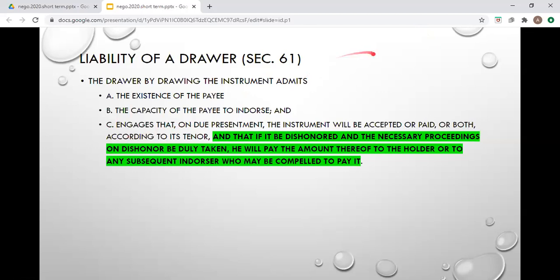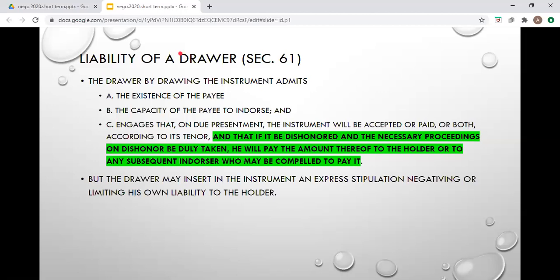So, if it has been dishonored by non-acceptance or by non-payment or both, as long as you will serve to him the notice of dishonor, then that's the time that he is liable. And to whom is our drawer liable? Sabi niya, I will pay the holder or any subsequent endorser who might be compelled to pay the instrument.